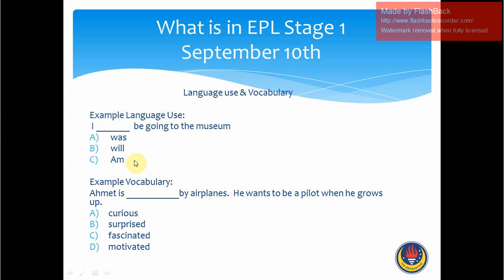Now, the way the EPL is created, it goes from easy to difficult. And with the vocabulary section here, again, the vocabulary is at the elementary, intermediate, and upper levels. And it progressively becomes more difficult. Now, the EPL is all multiple choice.